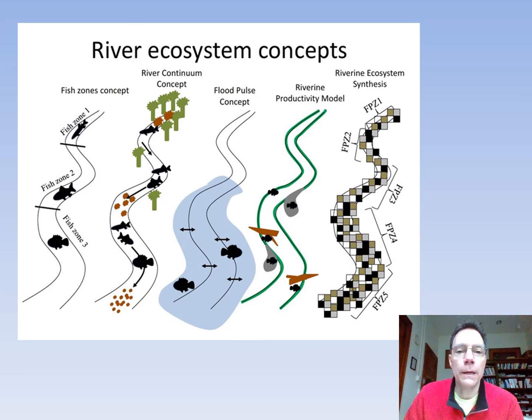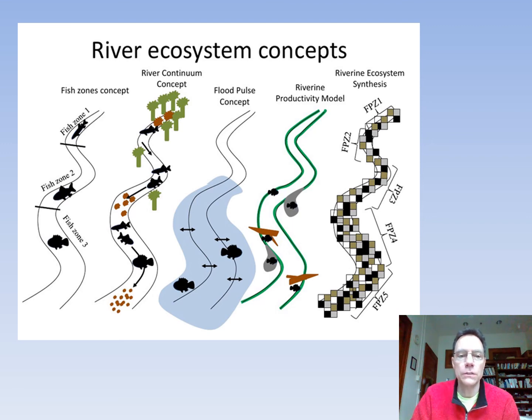Okay, so we're going to spend today and the next video lecture, and some of your reading, looking at some different sorts of ecosystem concepts that have evolved over the last 100 years or so. Early on, a lot of people classified rivers based on what kind of fish live there, and mostly about fish body form. This little picture shows you this fish zone concept.